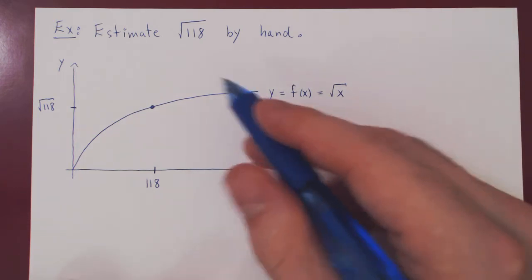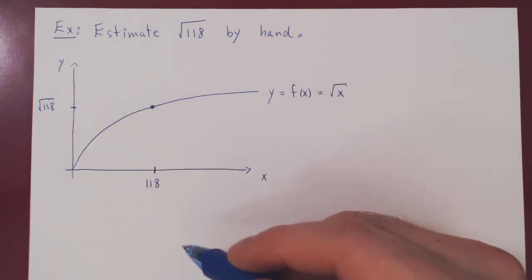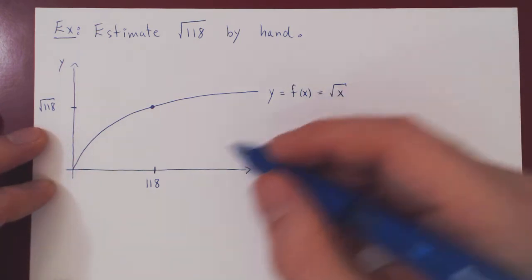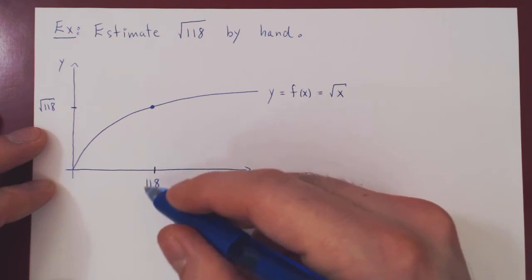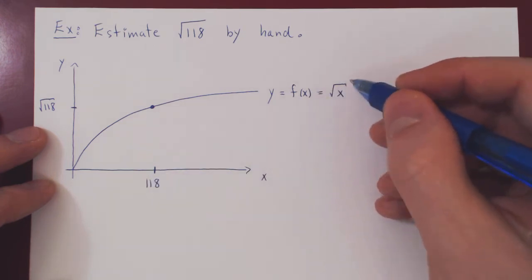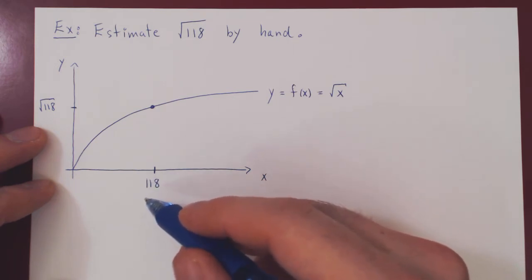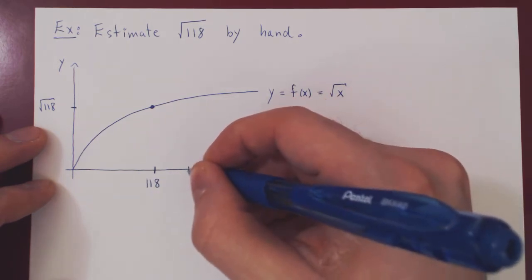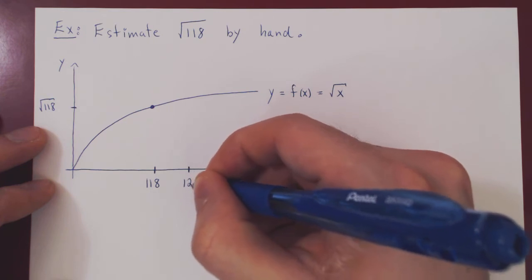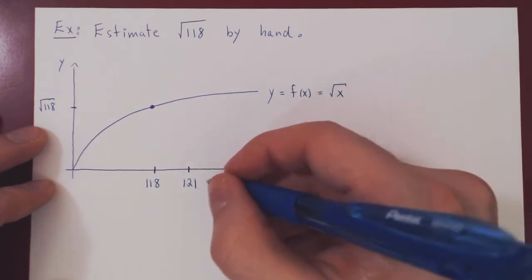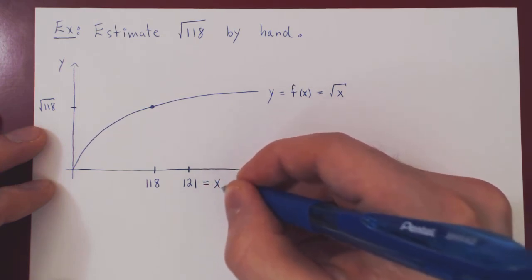But there is still something that we have to figure out here, because we have to evaluate f of x0 and f prime at x0. So we need a value of x close to 118, where the square root is a very nice number. Well, you see 118 is close to 121, and the square root of 121 is 11, and this is our x0.